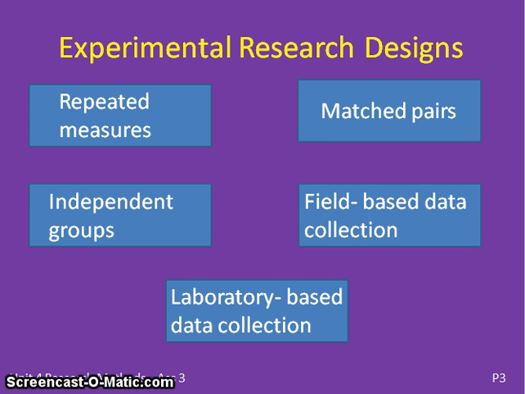Right, experimental research designs. There are 5. Repeated measures, when a person will be tested on the same test one week and then a few weeks down the line, with all the same conditions, for comparison testing.